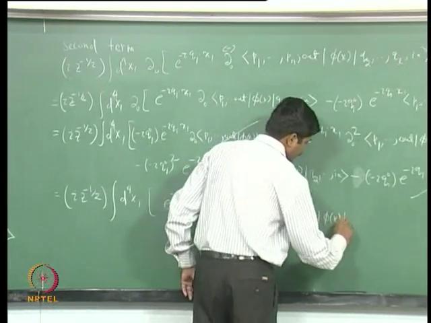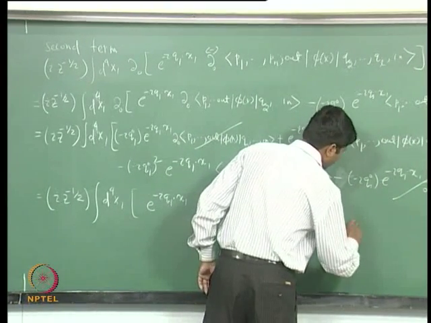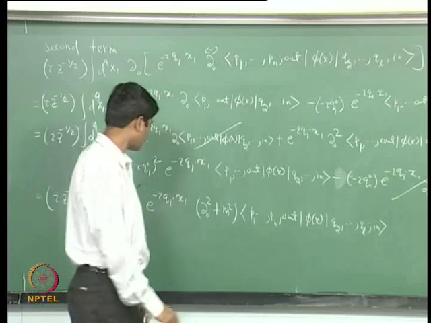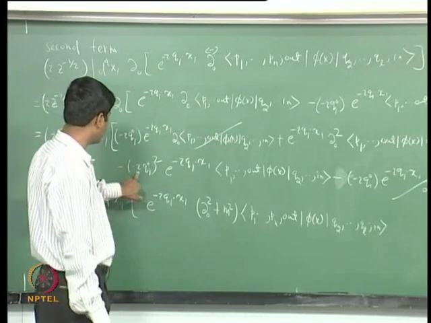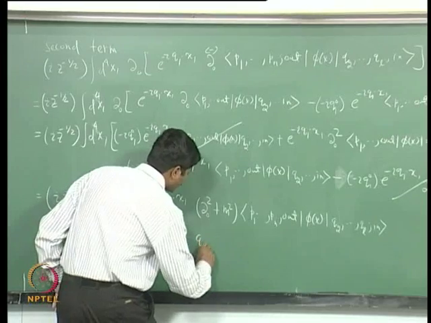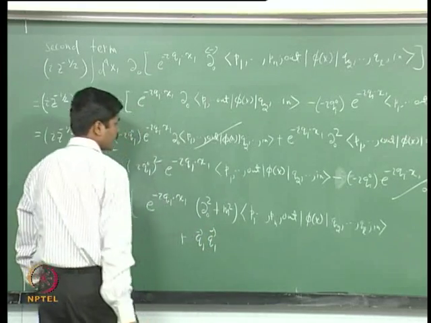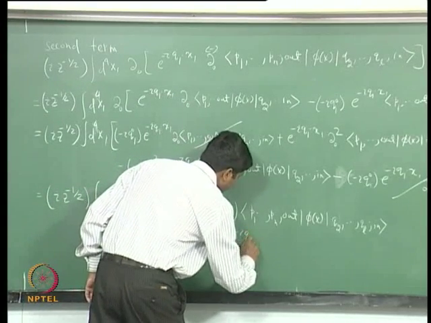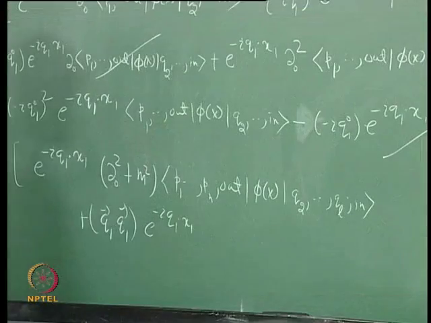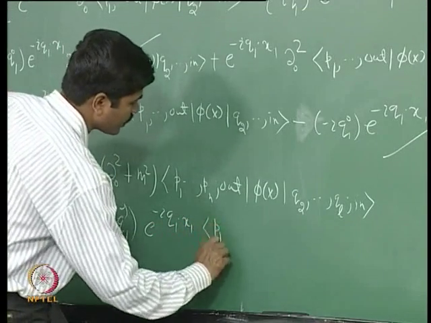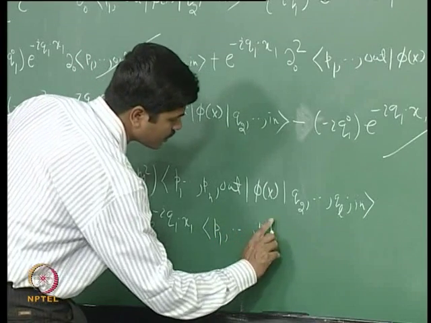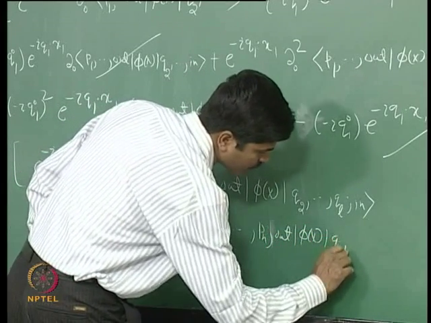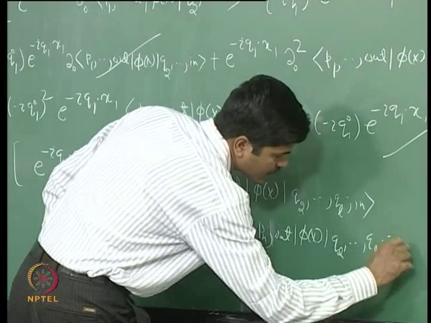φ(x) |q_2 ... q_l in⟩, that is the first term, and then the second term is simply plus q_1·q_1 times e^(-i q_1·x_1), this term here ⟨p_1 up to p_n out| φ(x) |q_2 up to q_l in⟩.